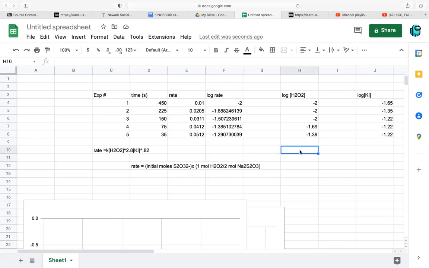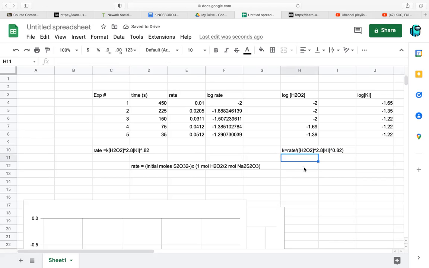K is going to be the rate divided by the concentration of H2O2 to the 2.8 times the concentration of Ki to the 0.82. Now, that's how you would calculate it.